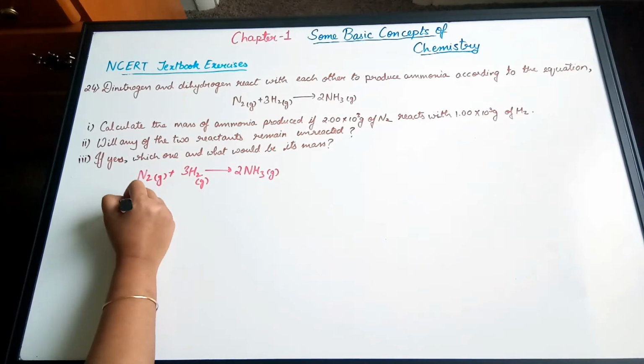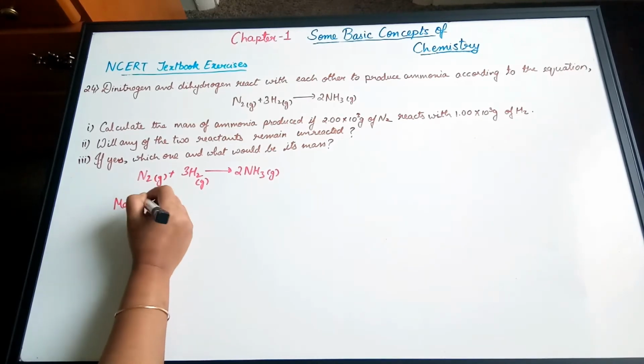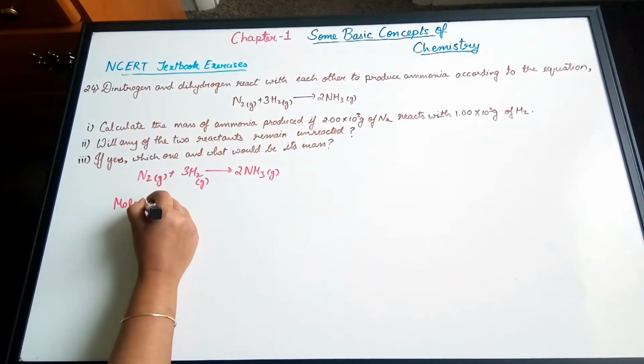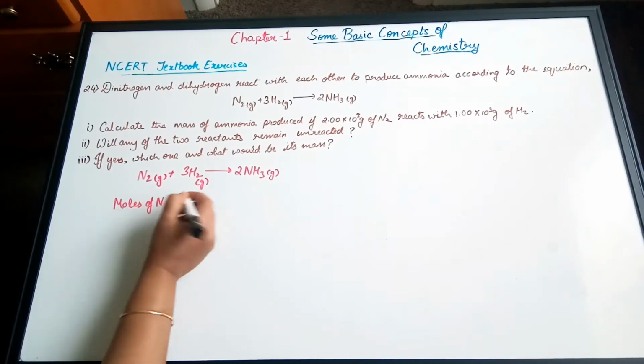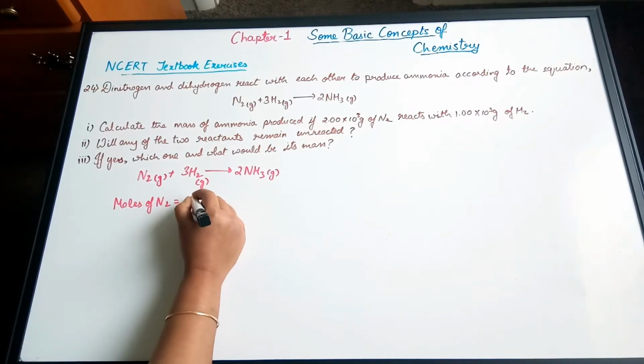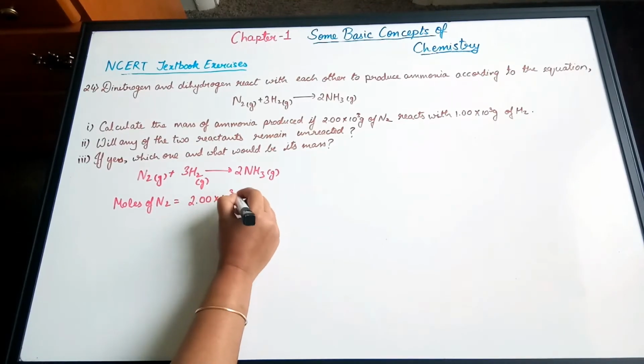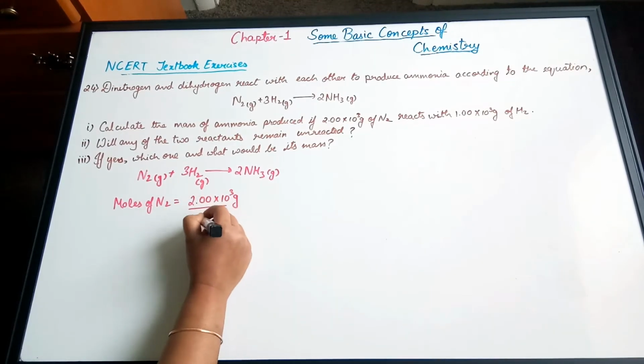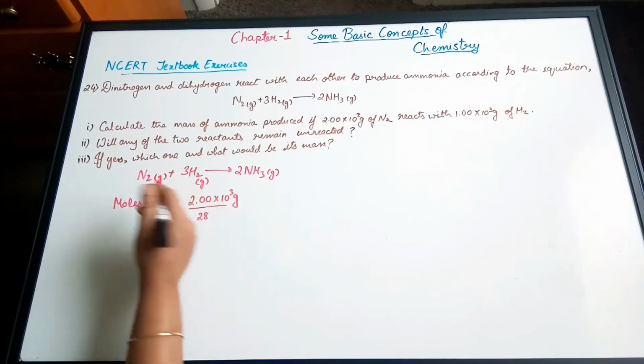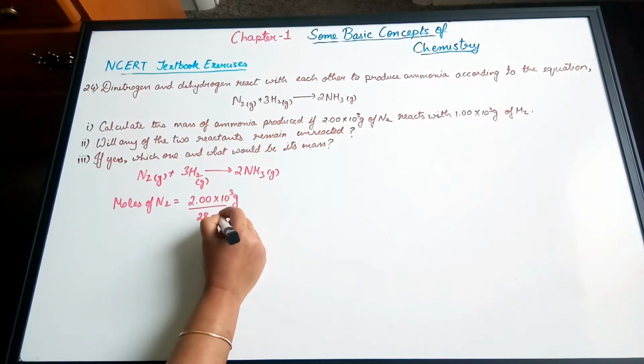The number of moles is calculated by the formula mass divided by molar mass. So mass over here is 2.00 into 10 to the power 3 grams. Molar mass is 28 grams per mole, because 2 times 14.